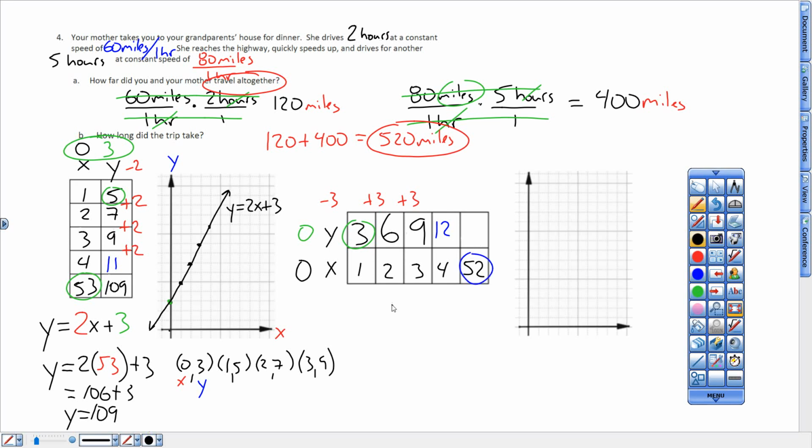The rule is that number that you're adding in front of x plus the y-intercept term, 0. I'm going to plug in 52 in there and then add that to 0. So that gives me 3 times 52 is 156.